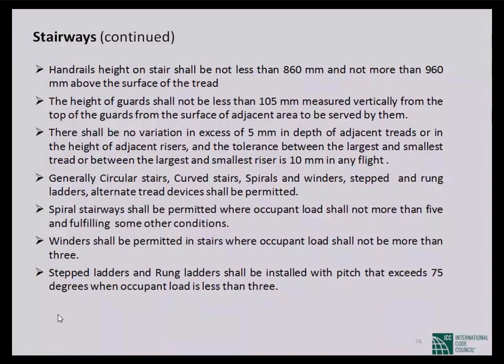A similar thing is the spiral stair. We have a lot of parameters, particularly the uniformity of the height, uniformity of the tread, the width, and the handrail. You have to be very careful about these. And the width of the landing, the door opening in the landing, and the door size at the landing. You have to consider a lot of parameters which have restrictions for this stairway.